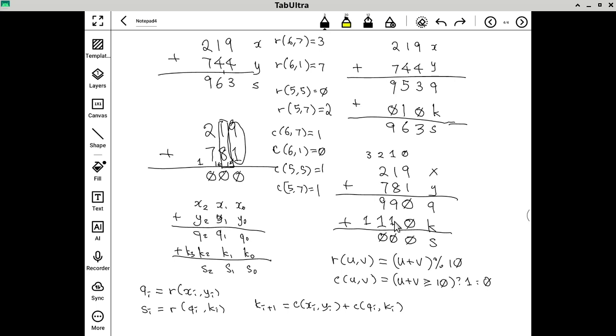And then we just use the function R and the function C to relate x and y to q, to relate q and k to s, and then to relate x, y, q, k to k itself. But this k is the next column. So when you have time, I want you to read the module and try to mentally make connections of all of these things.